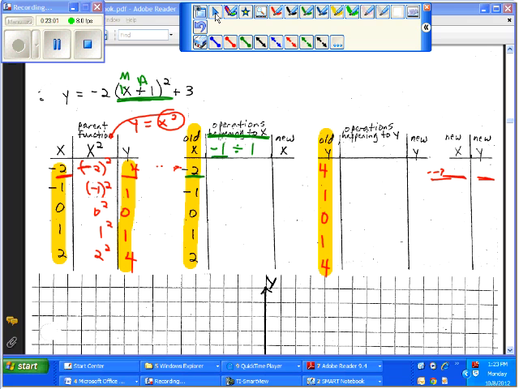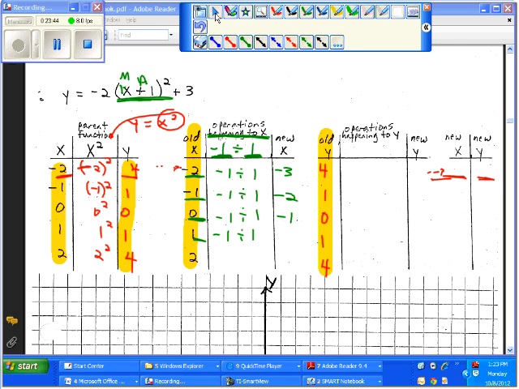So we're going to say -2 minus 1 is -3, and -3 divided by 1 is -3. See that? -1 minus 1 is -2, and -2 divided by 1 is -2. 0 minus 1 is -1, and -1 divided by 1 is -1. 1 minus 1 is 0, divided by 1.